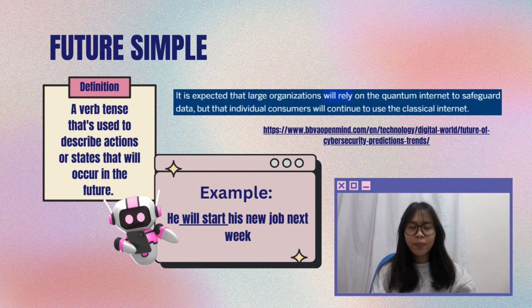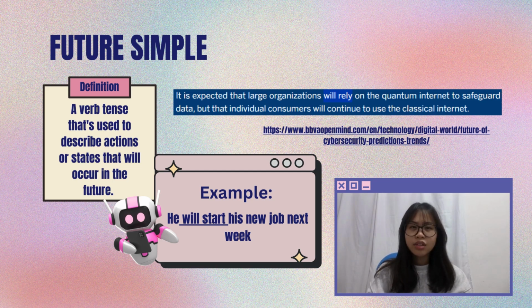In the article from BBVA Open Mind, it mentioned it is expected that large organizations will rely on the quantum internet to safeguard data, but that individual consumers will continue to use the classical internet. Here, will rely is used to predict a future action, indicating that these organizations are anticipated to depend on quantum internet technology at some point in the future.